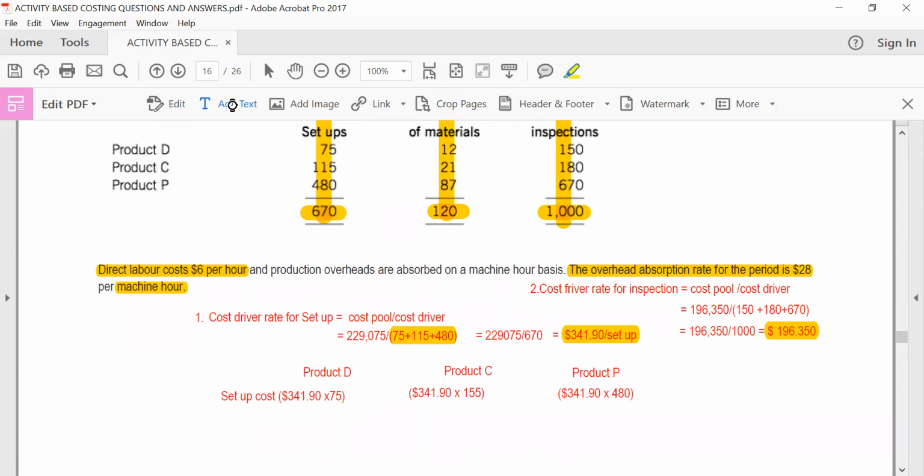Okay, that is fine. So we use this 196.35 to multiply 150. That will give us the first product, which is D. You pick this 196.35 to multiply 180. That will give you product C. You pick this 196.35 to multiply back the last one.